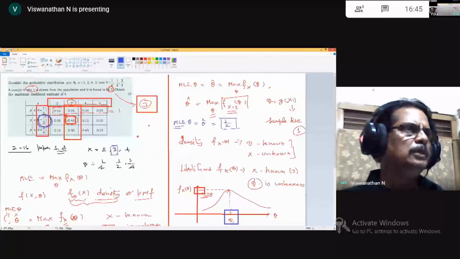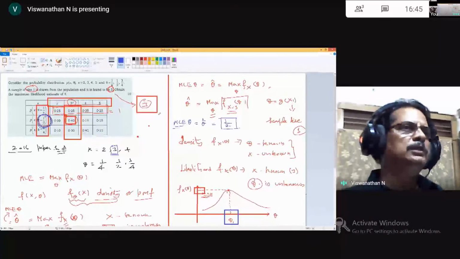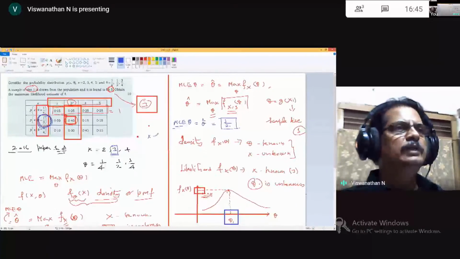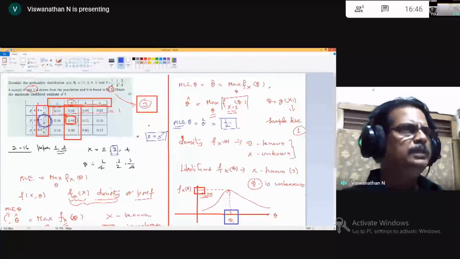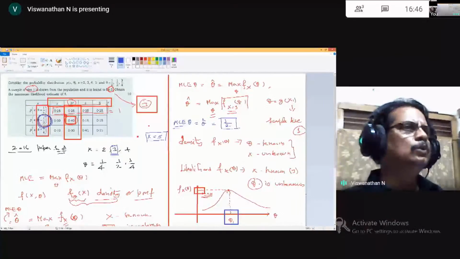Put it in a different way: suppose the same problem is asked with x given as 5 instead of 3. Immediately we go to the column corresponding to x equal to 5 and select the maximum.